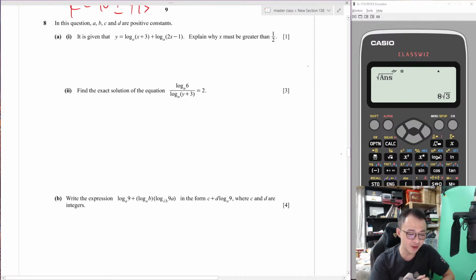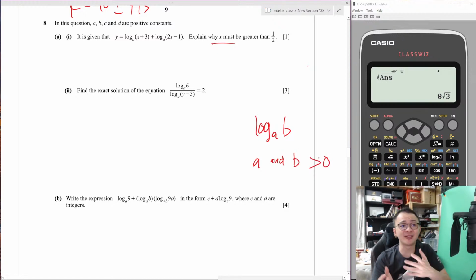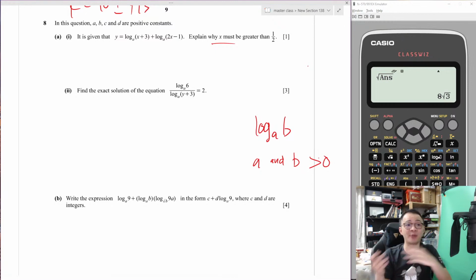Okay, log questions. Explain why x must be greater than 1 over 2. Alright, so for log AB, we know A and B must always be bigger than 0. This is common sense, because for log, A and B cannot equal 0 or be negative.